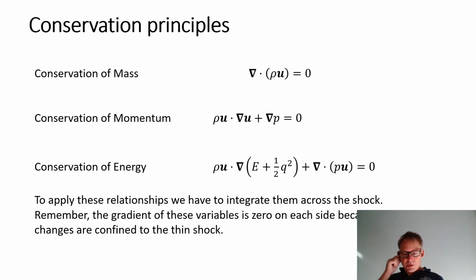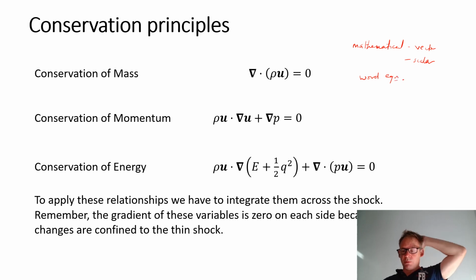So the conservation principles, as we've discussed before, can be written in a vector form. It's a shorthand. But as we've discussed when we look at other types of problems, you've got the mathematical form, which is kind of the full vector form, and you can reduce it to a scalar form.